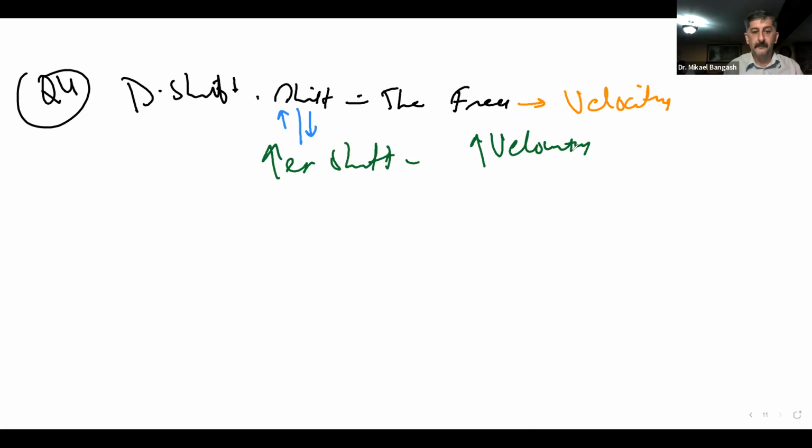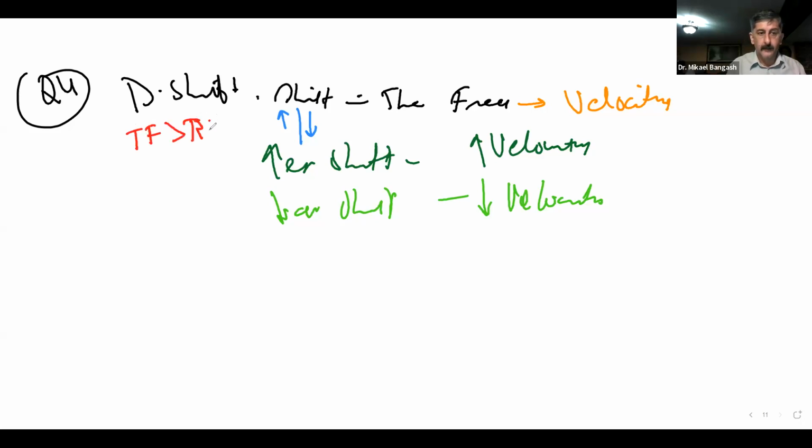A lower shift will mean lower velocity. Where we talk of the direction of the shift, it is in terms of which is greater.